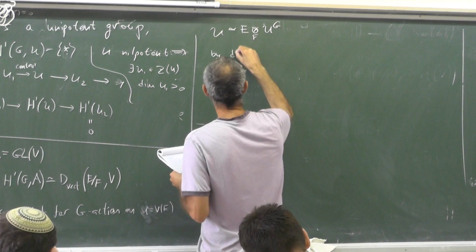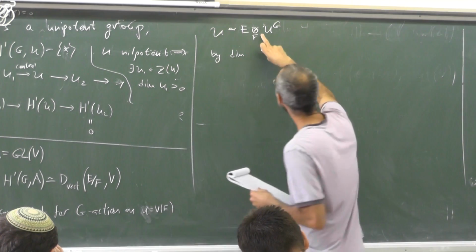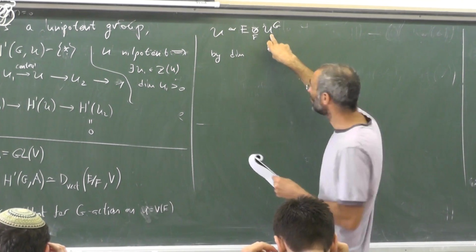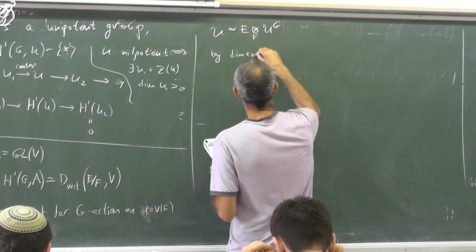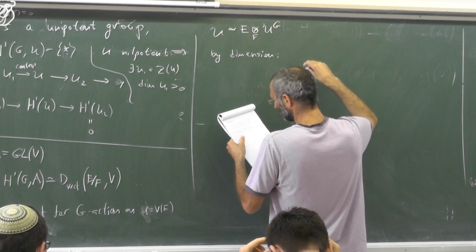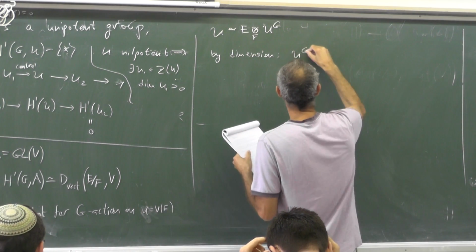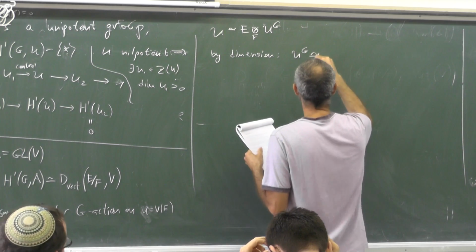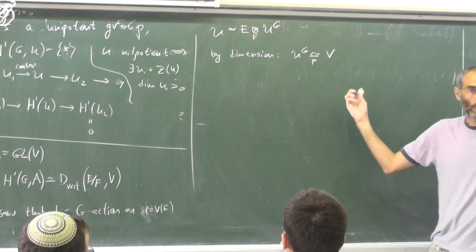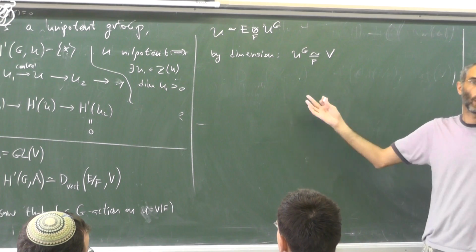By dimension, I mean the E dimension of U is the same as the F dimension of U^G. By dimension, I conclude that U^G is F isomorphic to the thing I started with. So I have only one form for vector spaces.